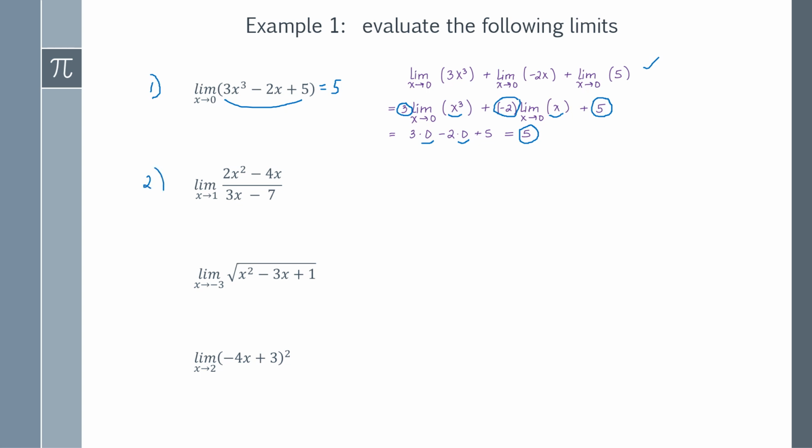Let's take a look at problem number 2. Here I have a rational expression. So I have a quotient of two functions, 2x squared minus 4x in the numerator, and 3x minus 7 in the denominator. So the only thing that I need to check is, if I plug in 1 in here, what do I get? 3 times 1 minus 7 is negative 4, which is not equal to 0.